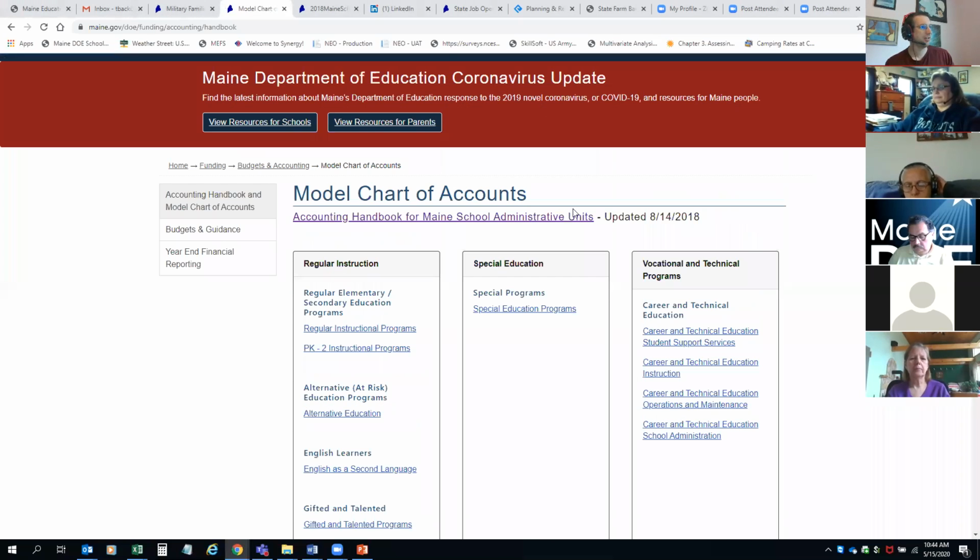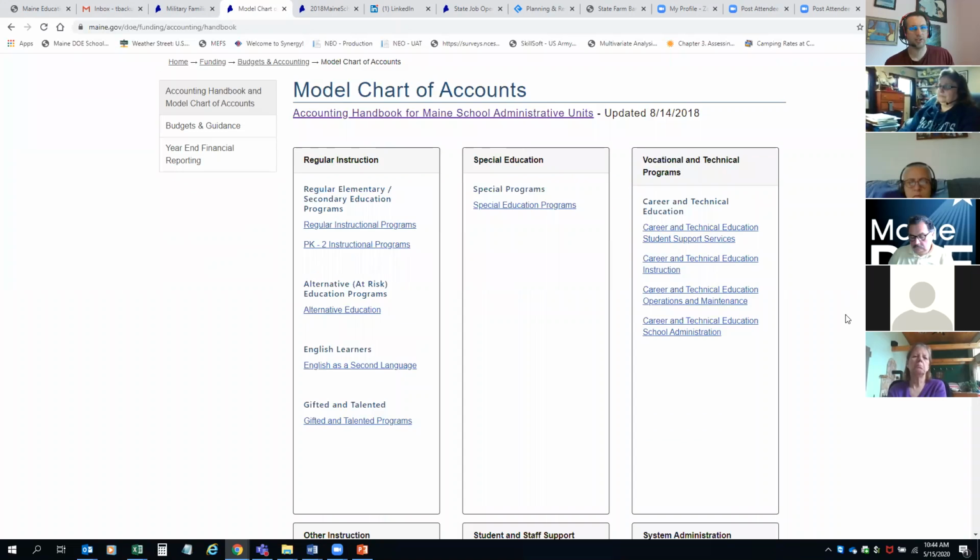And of course, right here at the top is our handbook. That's in PDF format now, so you can Control F and search for a keyword, or if you happen to know a number, that's always a great way to use that handbook.